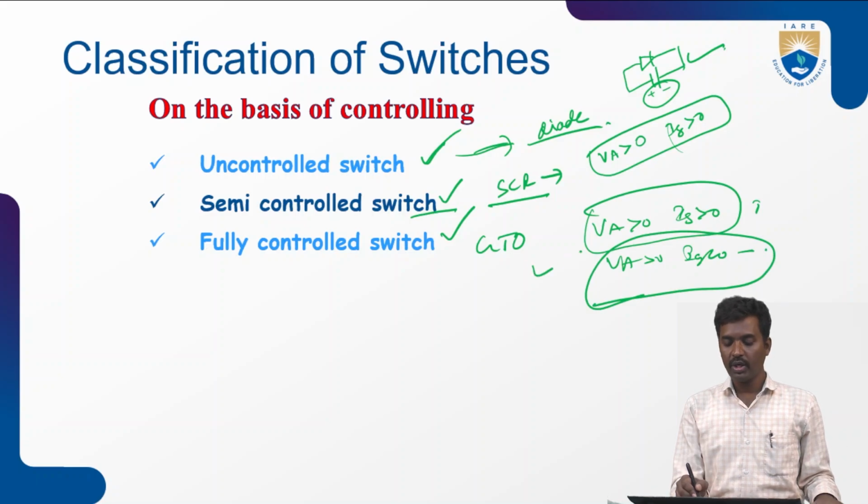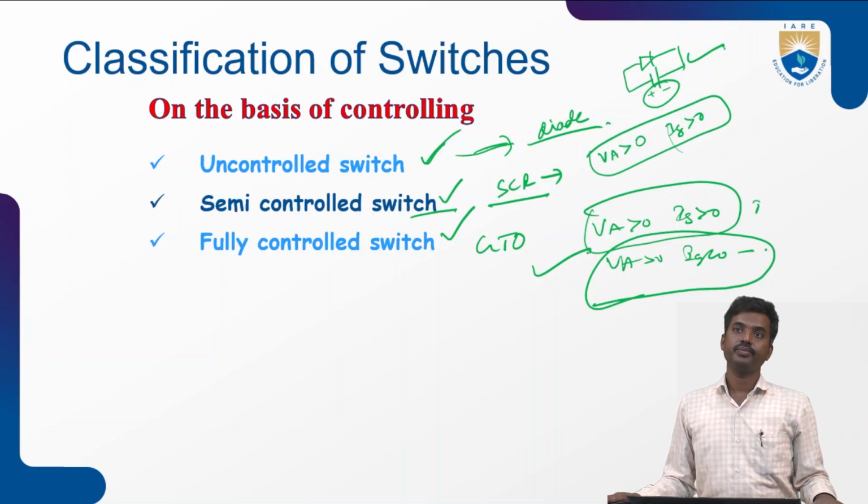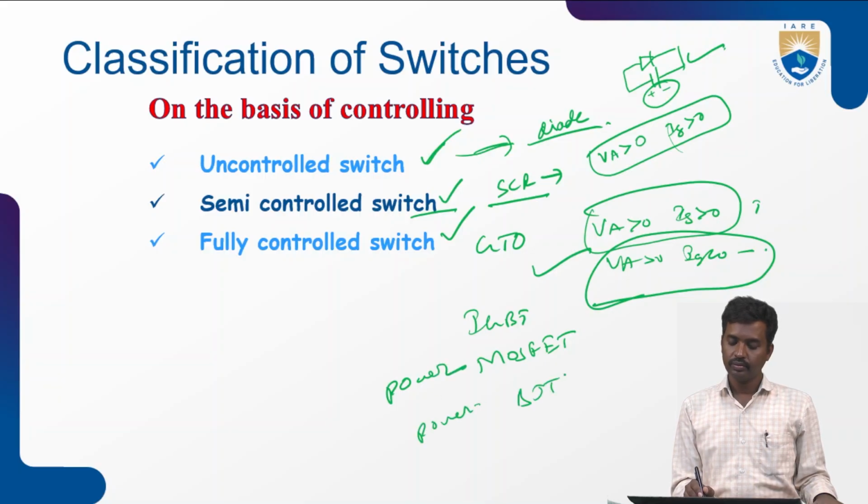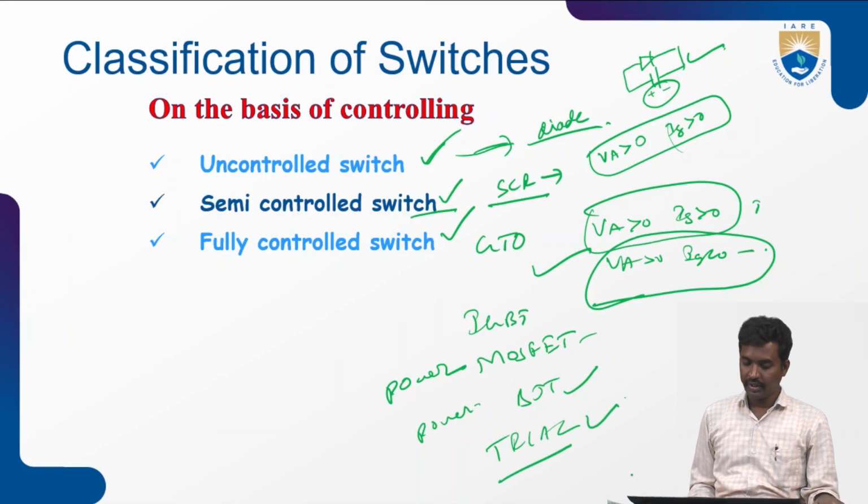So GTO is the best example for a fully controlled device, and IGBT, MOSFET, power MOSFET, power BJT and so on all come under the fully controlled devices.